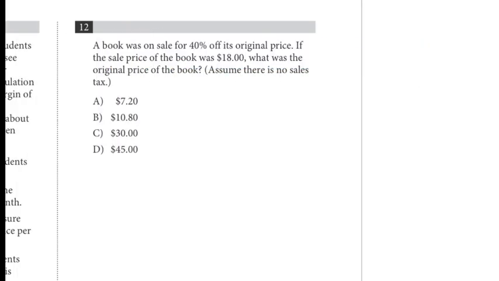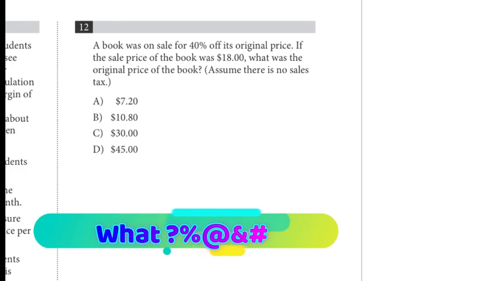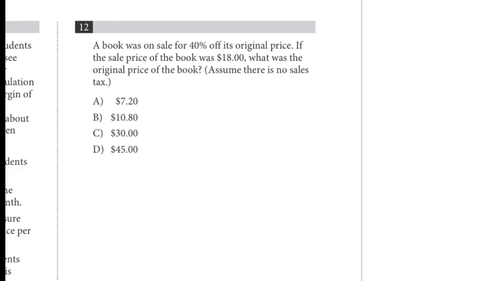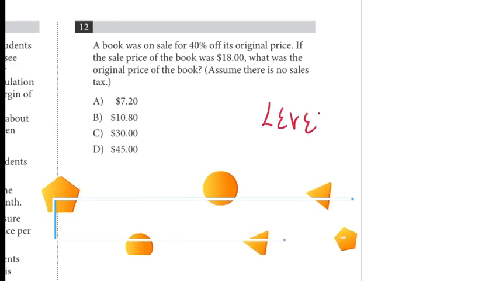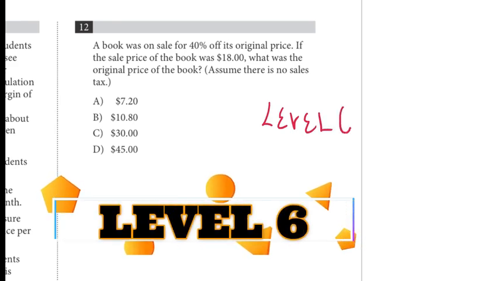Depending on how you did that one, it could be semi-difficult. It all depends on what route you took. I will say that is a level 6. Students do not usually like dealing too much with percentages.